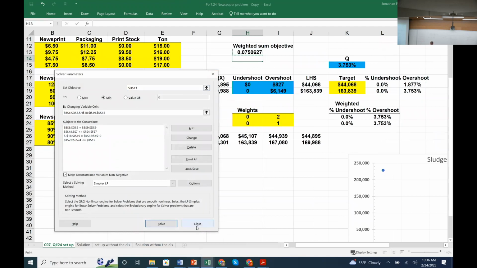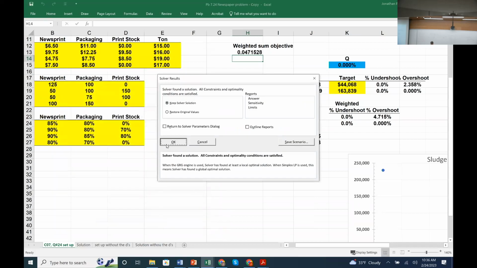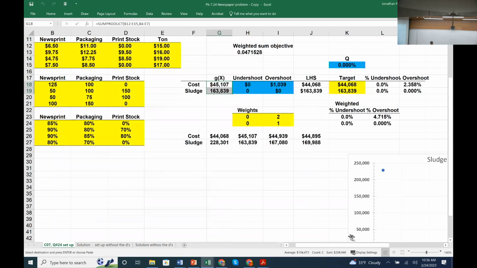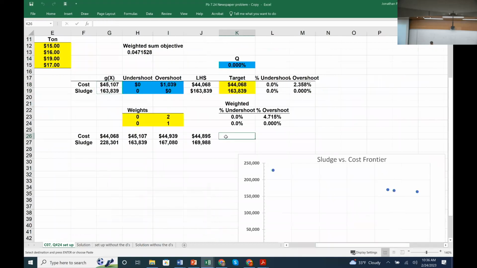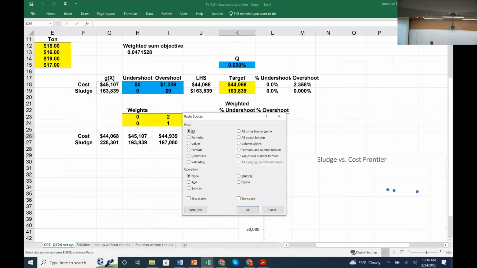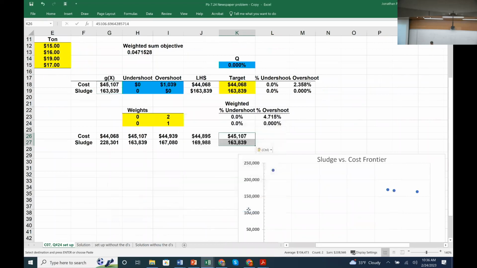And I should disconnect Q. Oh, for those weights, I ended up going right back to the second one that I found.